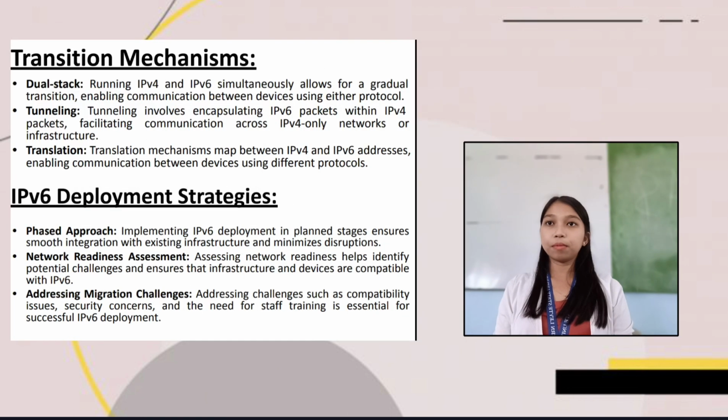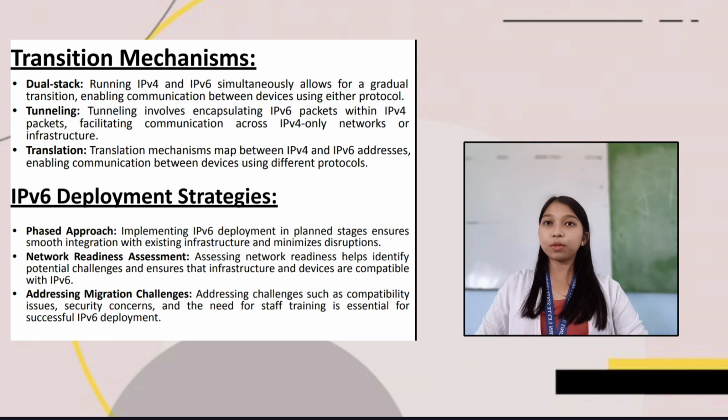Translation mechanisms. Translation mechanisms include dual stack. A dual stack running IPv4 and IPv6 simultaneously allows for a gradual transition, enabling communication between devices using either protocol. Tunneling.